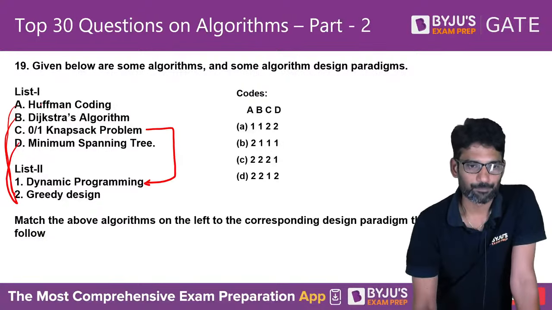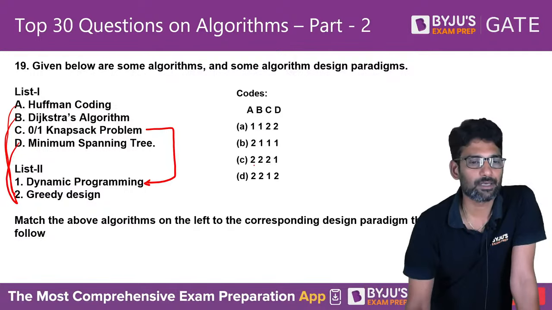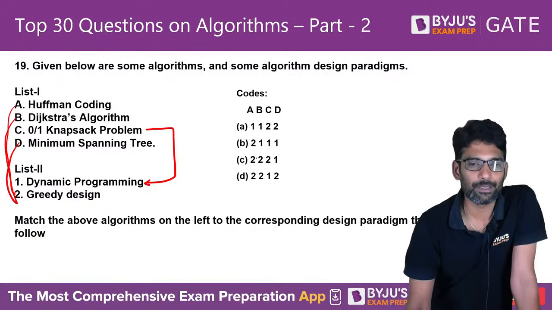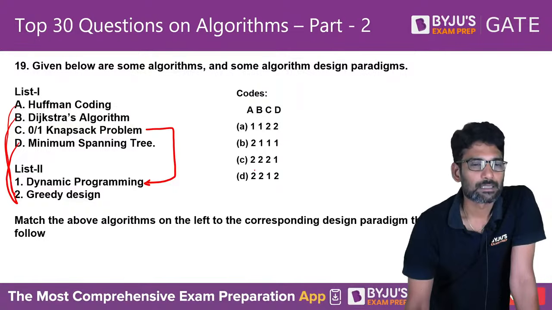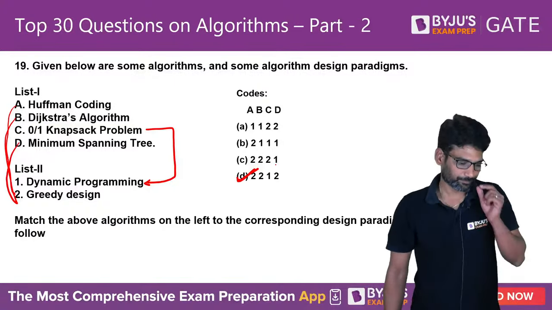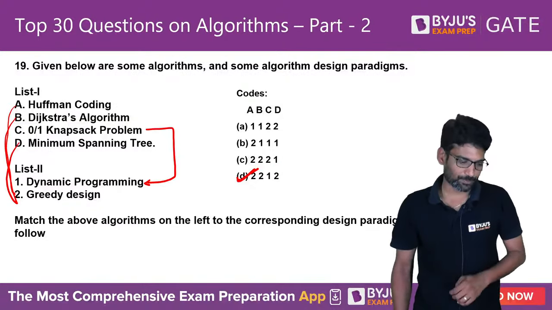So it is A2, B1, C1, D2. So option D is the right answer.